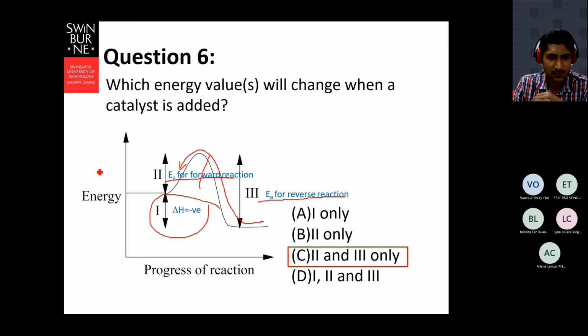Whatever product was supposed to be produced from that reactant will always be the same, whether you use the catalyst or not. With the catalyst the product is produced much more easily, but it's still the same product. So enthalpy will never change.